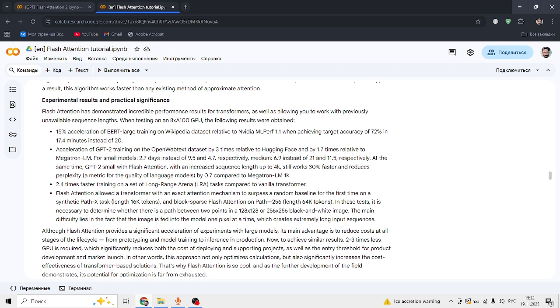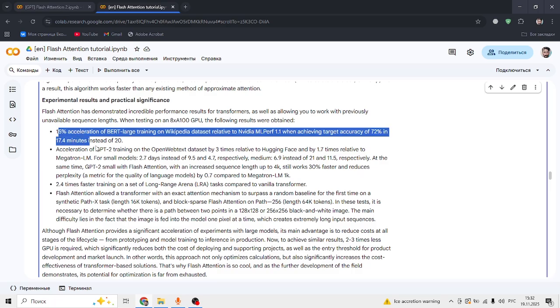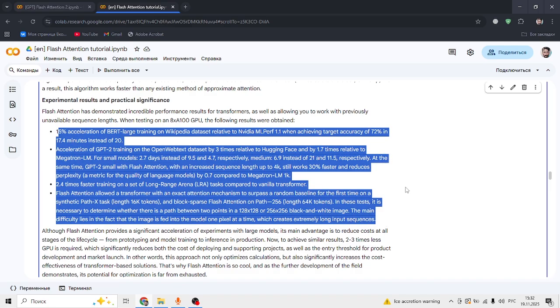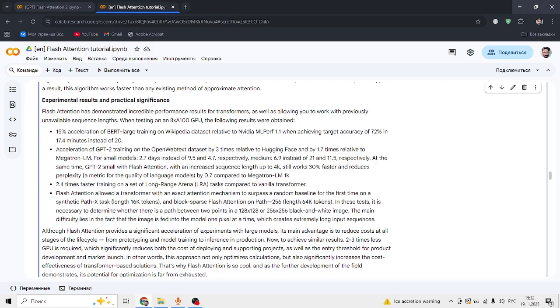So also the authors of this technique have made some experiments. They used 8 A100 GPUs, and they got the next result. You can stop and read here. But the main idea is that it led to speeding up GPT training 3 times.